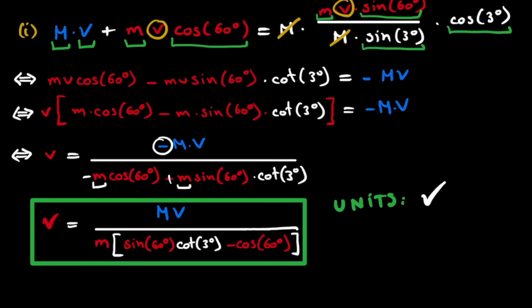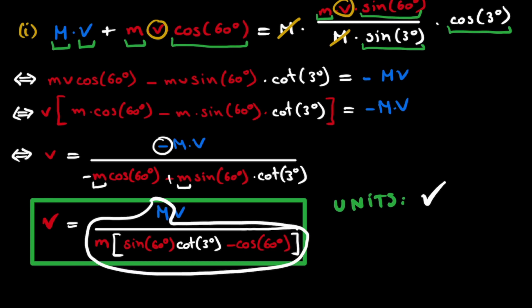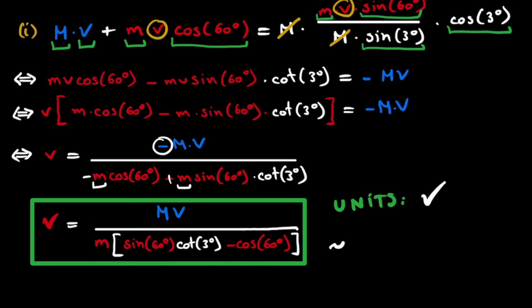And doing this units check, we also see that we basically have a velocity which is equal to another velocity, or more specifically, the velocity of our object needs to be a specific factor multiplied by the velocity of our comet. And this factor is basically this thing right here, everything except our velocity. Now, if you plug in the numbers, you find that this factor in front is roughly 63 times.